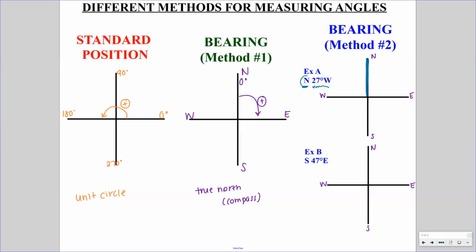We start at the North Pole and we move 27 degrees towards the west. So 27 degrees towards the west here. Do my best to guesstimate. Might look something like this, right? Start at the North Pole, go 27 degrees towards the west.